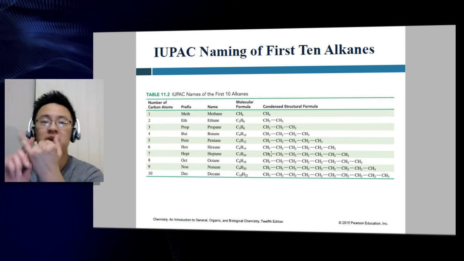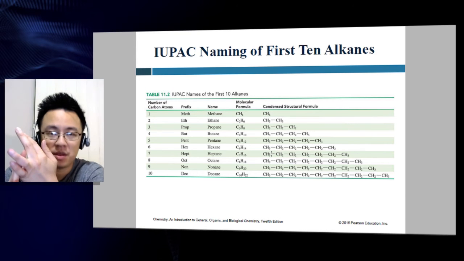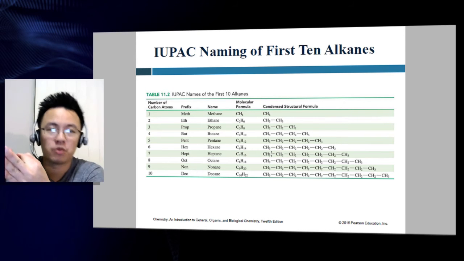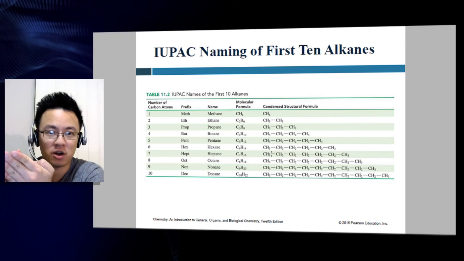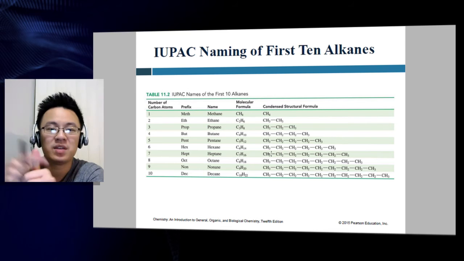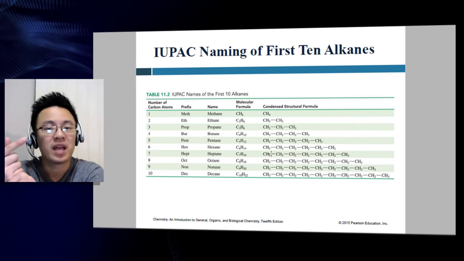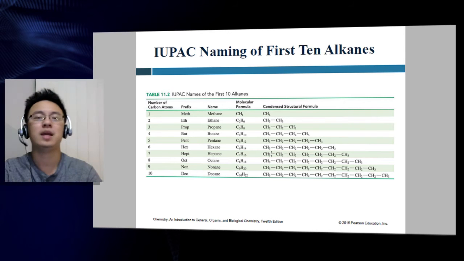Repeat after me. Meth is 1, eth 2, prop 3, but 4 carbons, pent 5, hex 6, hept, H-E-P-T, is 7, oct is 8 like an octopus, non is 9, and dec is 10. Okay? Dec is 10.